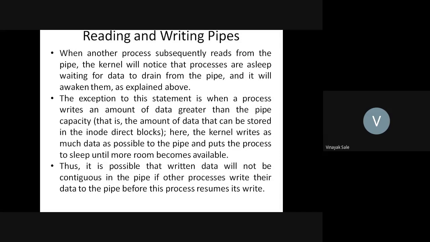When another process subsequently reads from the pipe, the kernel will notice that processes are asleep waiting for data to drain from the pipe, and it will awaken them as explained.